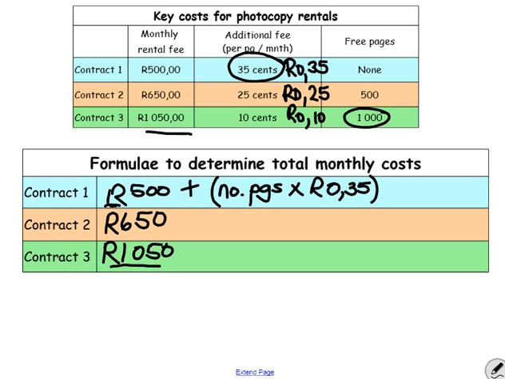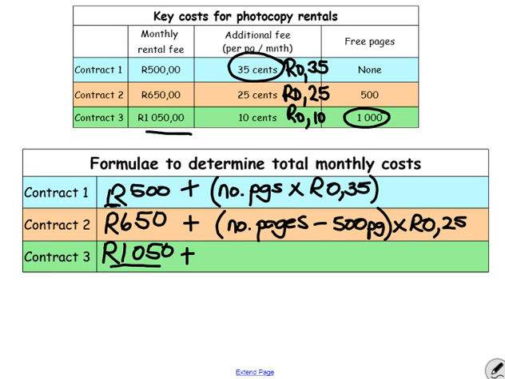So you took number of pages. What did you do then? Okay, minus 500 pages, and then you multiplied by 25 cents. This is similar to how the cell phone contracts worked, if you remember that.